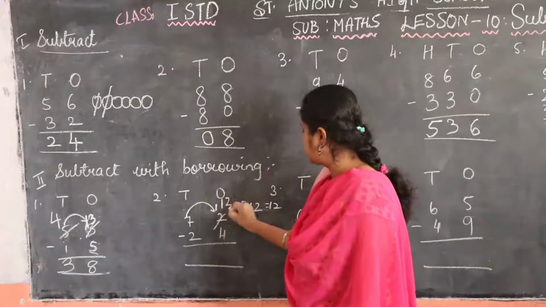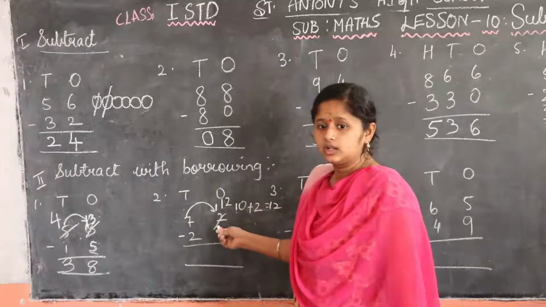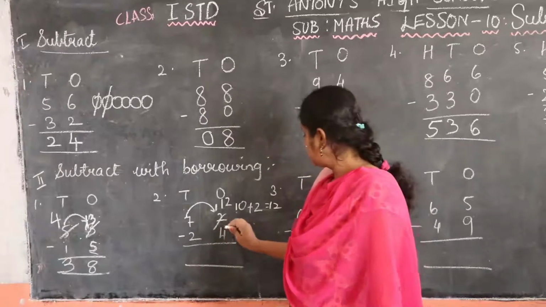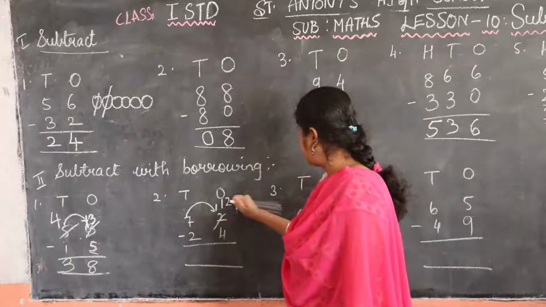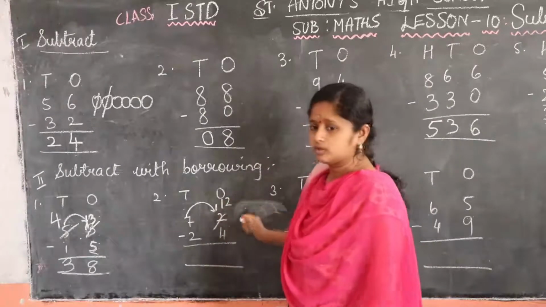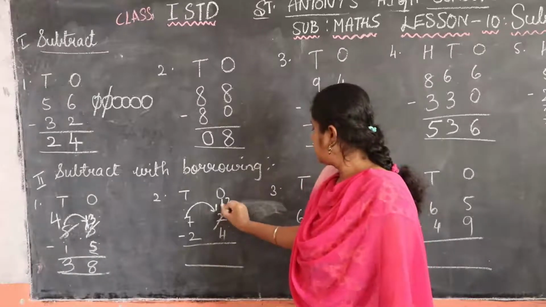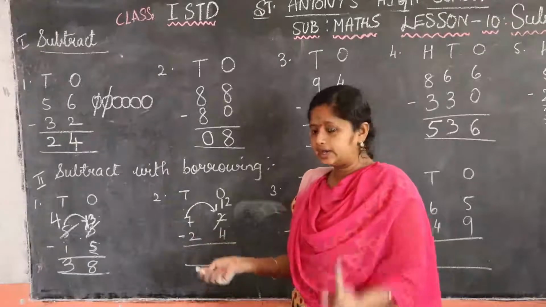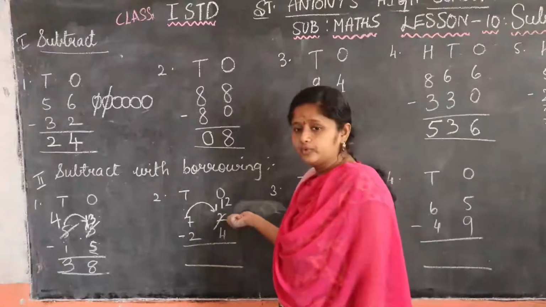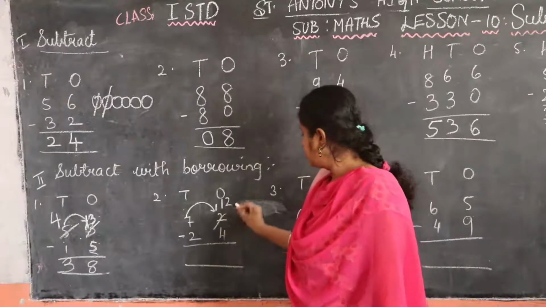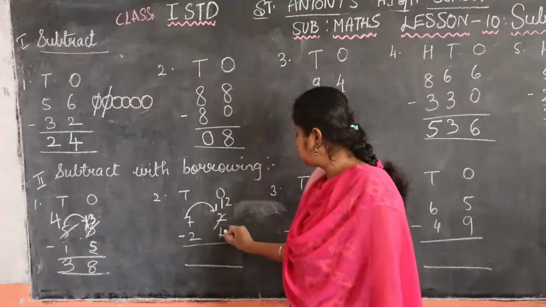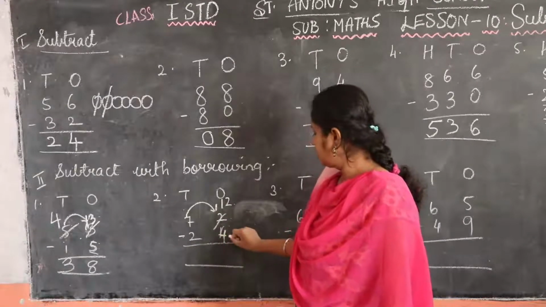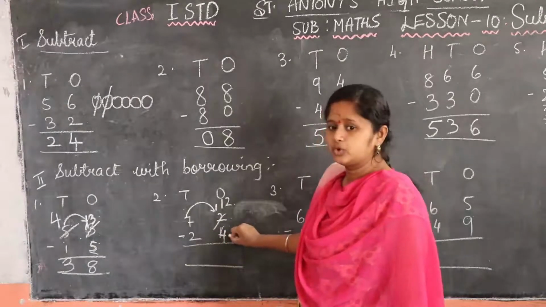So we are going to cancel this 2 and write 12 here, because we borrowed 1 ten. So we got 12 here. 12 minus 4 is how much, children? We'll start counting from 4.